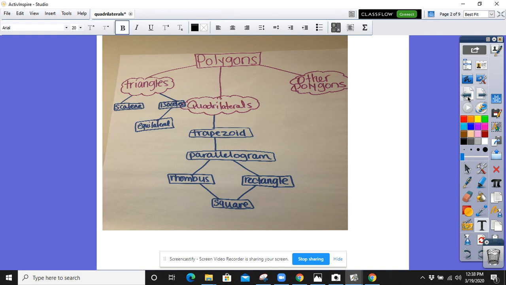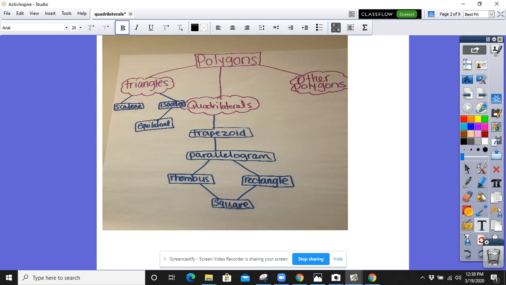Sometimes there's a little bit of debate on what exactly is the definition of a trapezoid, but we're just going to follow the model with the standards and the information that I'm given to transfer to you. So notice that trapezoid, parallelogram, rhombus, rectangle, square. It starts from the most generic, all the way down to the most specific.